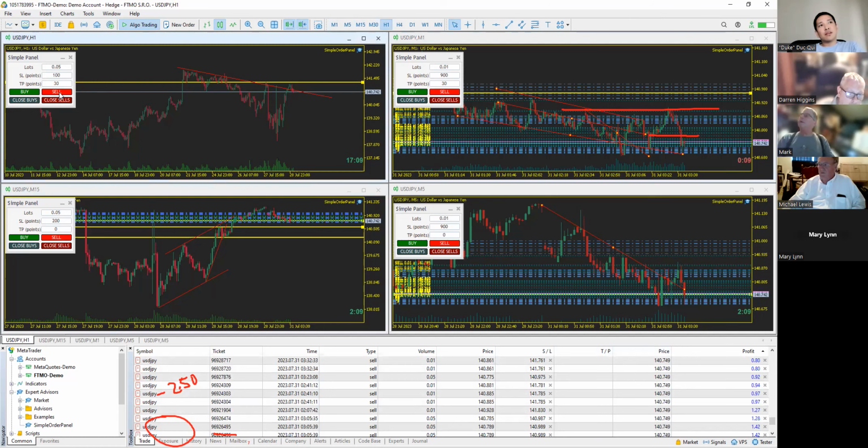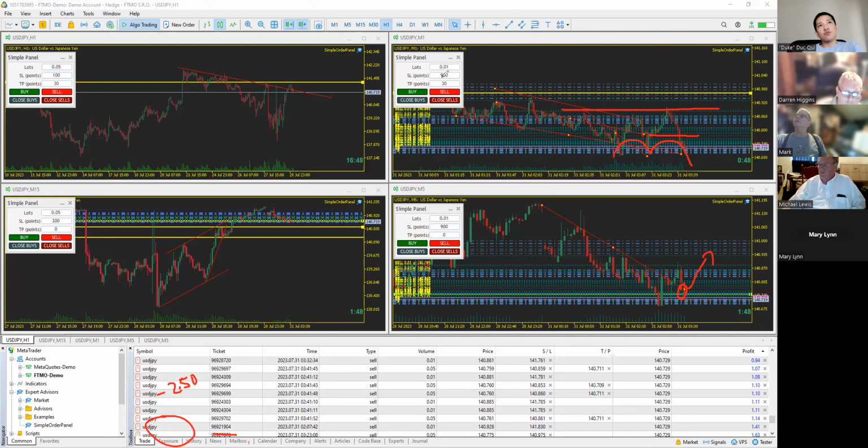But why am I doing that? Because it's the timing. It's the pattern that just took place. But this right here failed to bounce up. So, and this is the third attempt on the downside, we should drop.